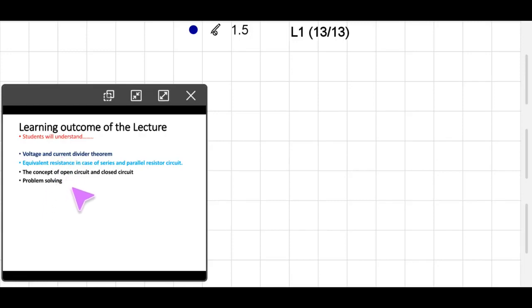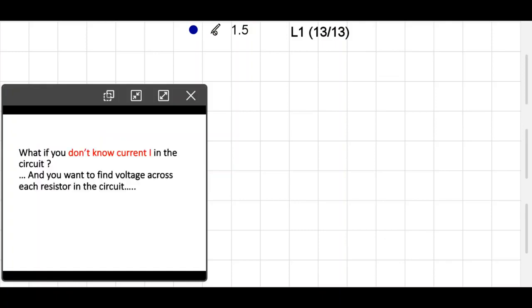So friends, now we are going to consider the first important thing. Look carefully: what if you don't know current I in the circuit and you want to find the voltage across a resistor in the circuit? So far we have already seen such circuits, in which there is a battery and one resistance.